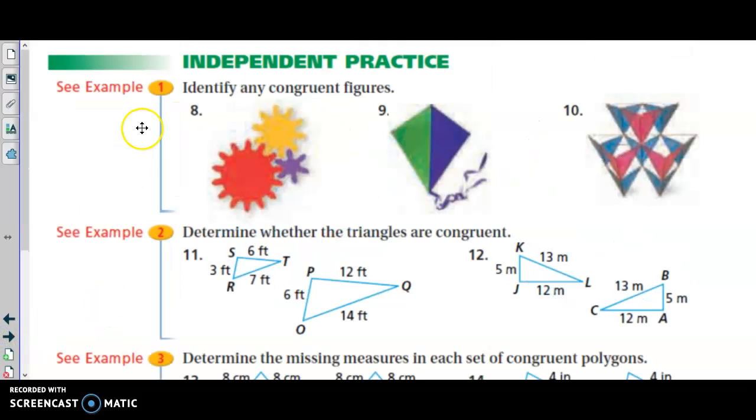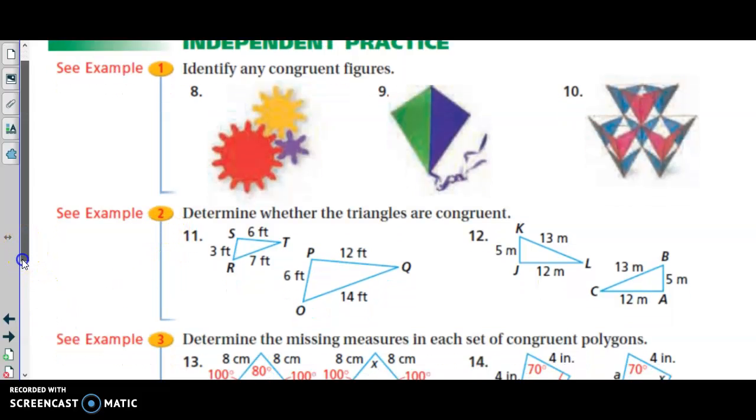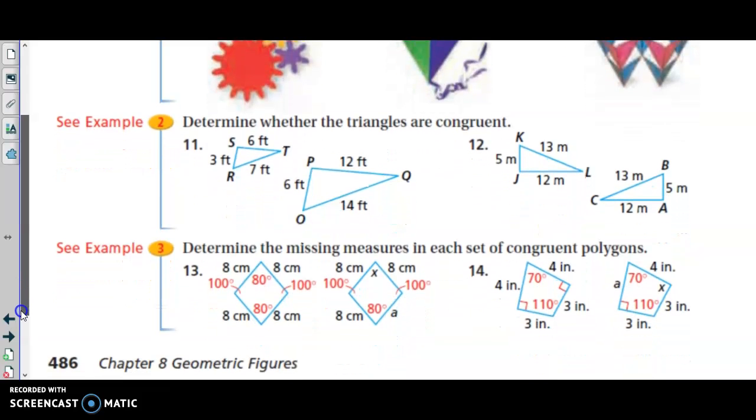Take a look at these independent practice questions and enter your answers when the video pauses and gives you the opportunity to type in your answers. In set 1, identify any congruent figures. In set 2, determine whether the triangles are congruent or not. In set 3, determine the missing measures in each set of congruent polygons.